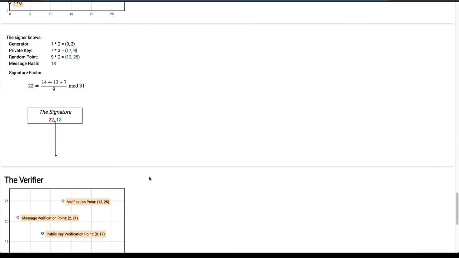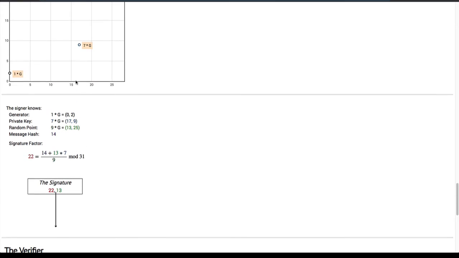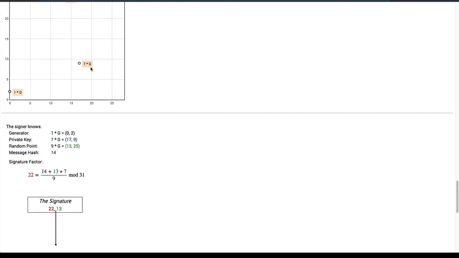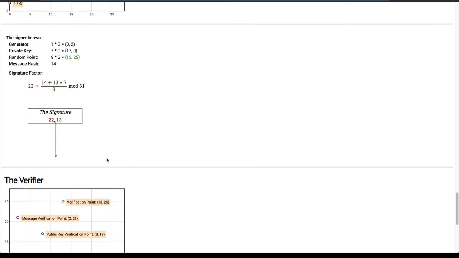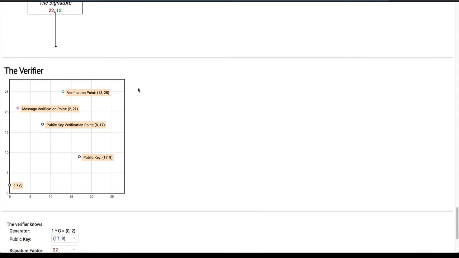And the signature is then the hash plus the x value 13 times this value 7, which is right there for the generator's 7 times. And we divide it, we do mod 31, we end up with a signature point.